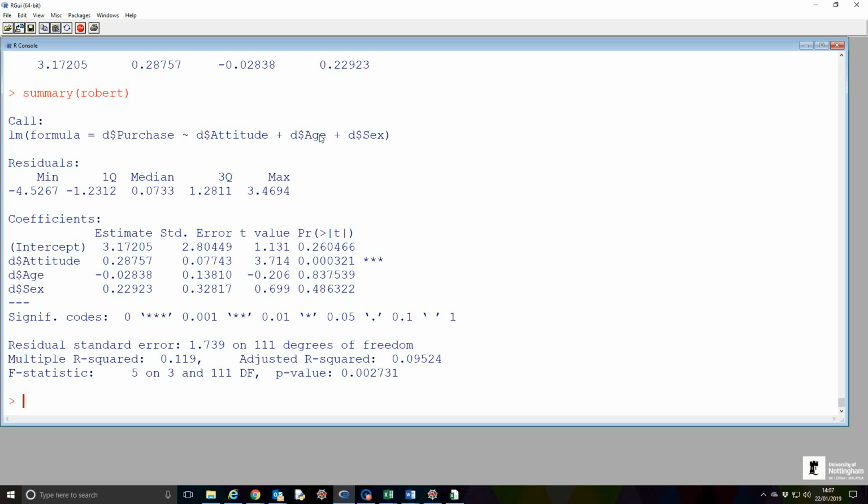The multiple R squared is the key metric that we report, and it tells us the amount of variance explained in the dependent variable by the independent variables. Even though sex and age are not significant, they are considered inside the R squared. So all these three variables explain about 12% of the dependent variable.